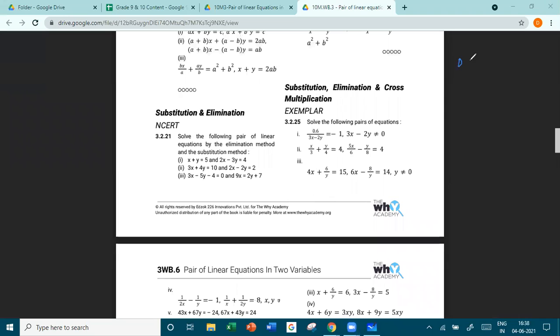Okay, so you have 0.6 by 3x minus 2y is equal to minus 1, right? So just take the denominator to the RHS. So you'll arrive at something like minus 3x minus 2y, right? So it becomes 0.6 is equal to 2y minus 3x.